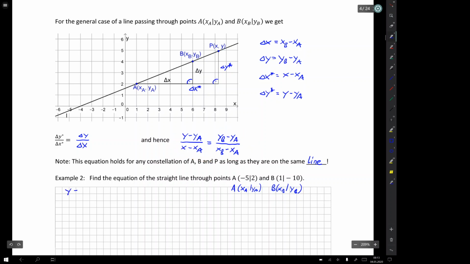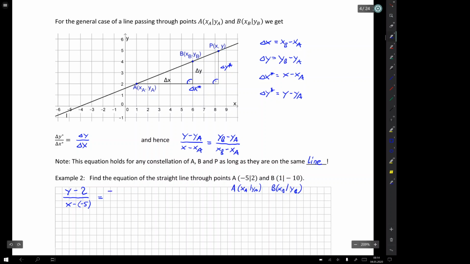We get y minus ya, well, that's 2, ya is 2, divided by x minus xa. Xa is minus 5, so I have x minus minus 5, and that equals yb. Yb is minus 10, minus then the ya, that's the 2, divided by xb is 1, again minus the xa, minus 5.